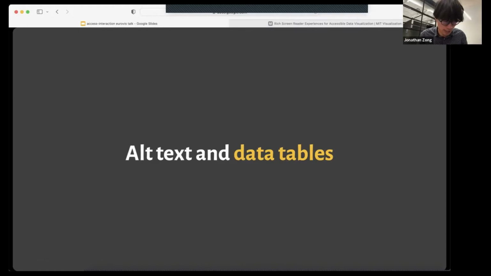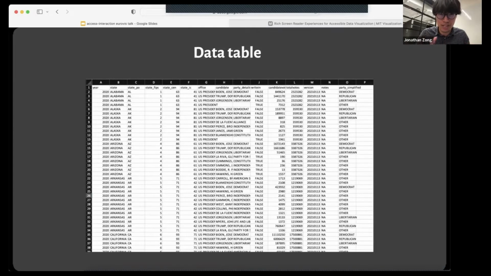Okay, so that's alt text. What about data tables? The data table equivalent to that election map would probably look something like this. There's a bunch of different rows that have information about votes in each state, broken down by who the candidate is, what party they are, how many votes, etc. So all of the same information that you would be looking for from the chart is also in this table.